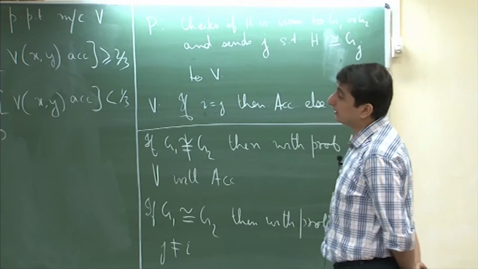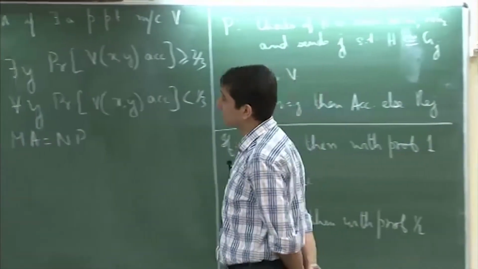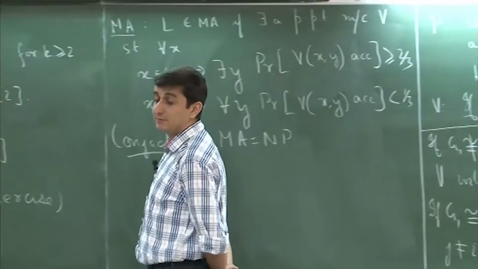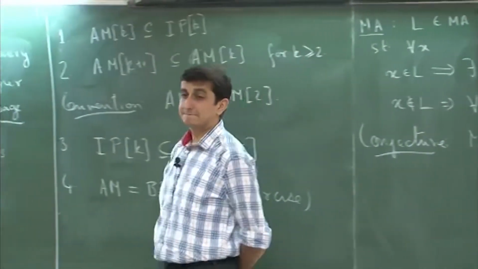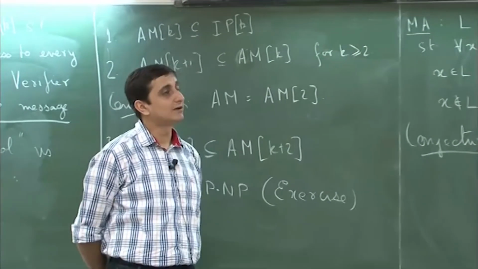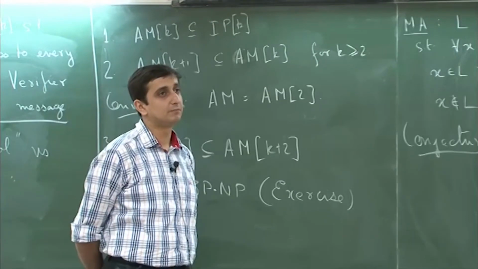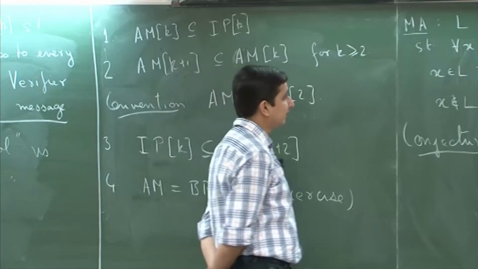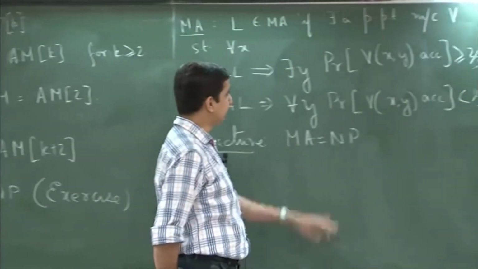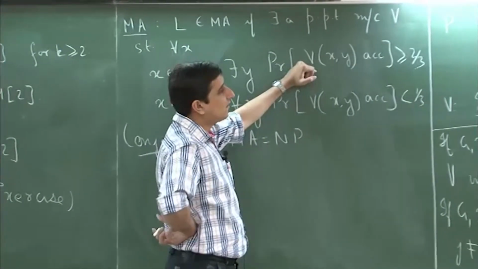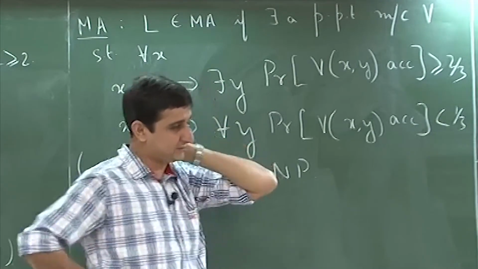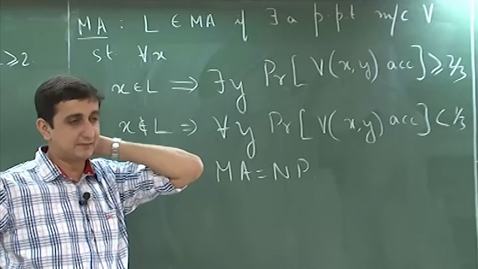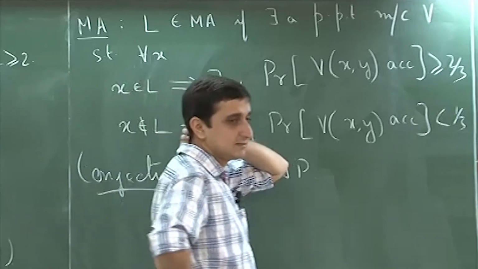Yeah, but that is why you are using the fact that it is a BPP machine. So, what is there exists dot C? If x belongs to L, then there exists a y such that this is a BPP machine. I do not see anything wrong in that. Maybe you can call it there exists dot BPP.